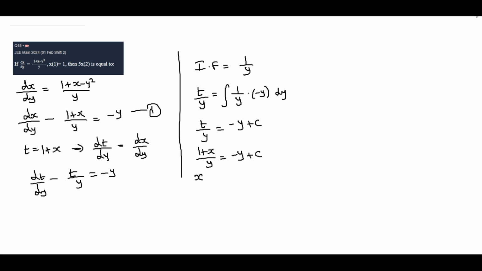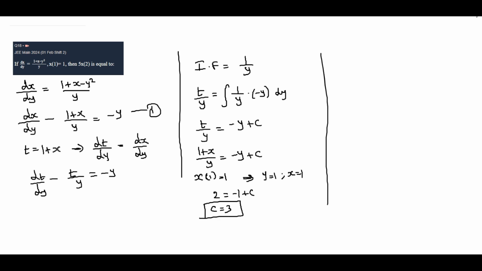Then the condition x of 1 equal to 1: here y equal to 1 and x equal to 1, so 2 equal to minus 1 plus c, that is c equal to 3. Okay, so the particular solution is (1 plus x) by y equal to minus y plus 3.